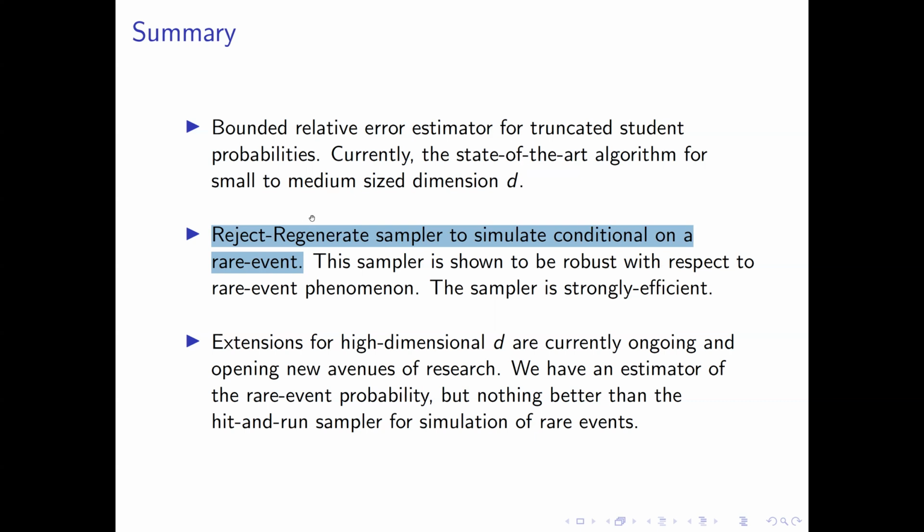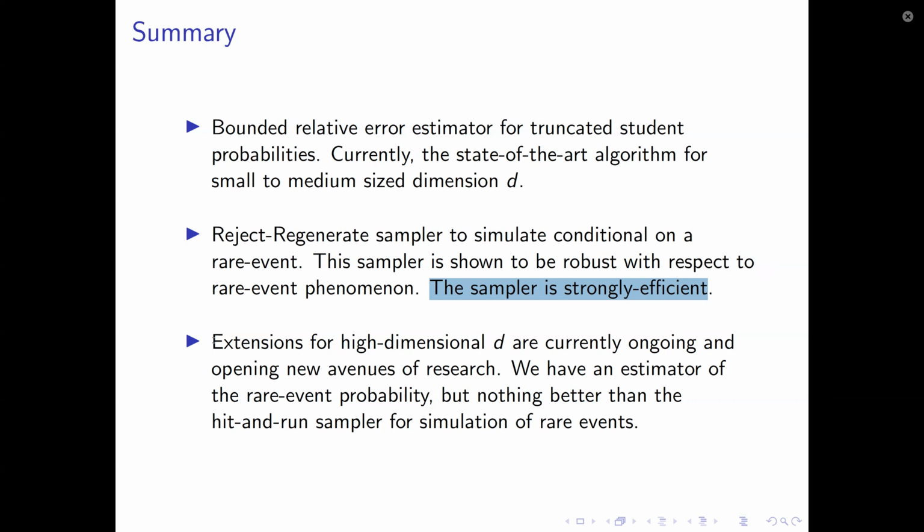So we have something called a reject regenerate sampler. It is shown to be strongly efficient as a Markov chain Monte Carlo sampler. It is shown to be strongly efficient with respect to rare event effects, large deviation effects.